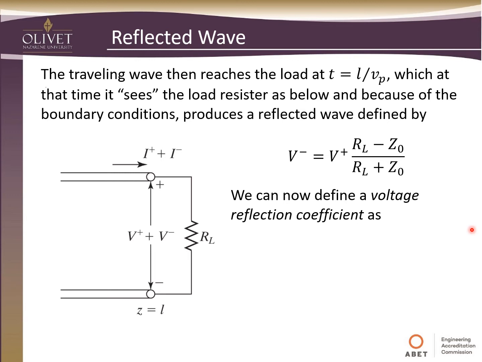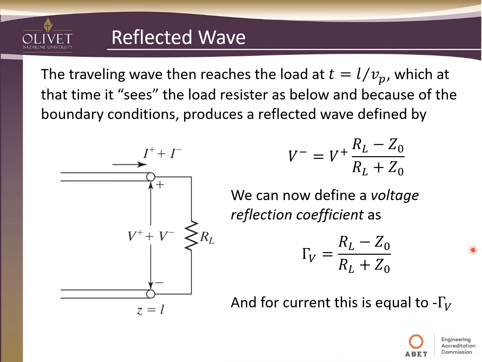So now we can define a voltage reflection coefficient at this point. As we've seen in the last couple of slides, that's just R_L minus Z naught over R_L plus Z naught. And likewise, we can determine the electrical current reflection coefficient, which is just the negative of the voltage reflection coefficient.